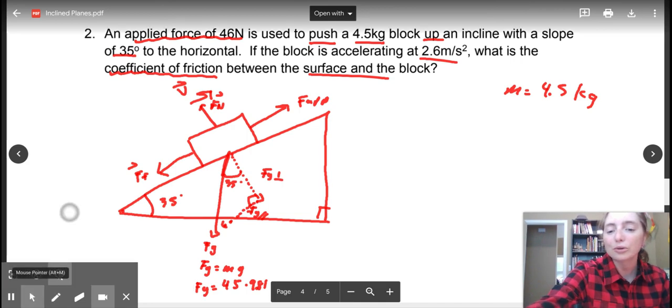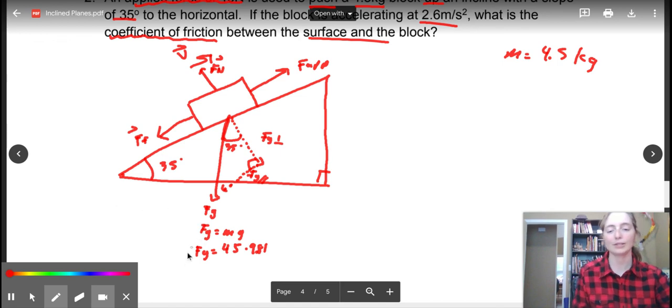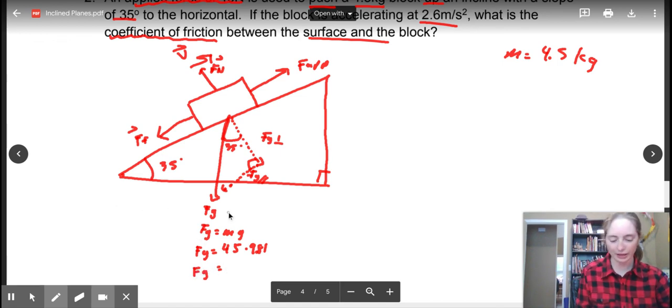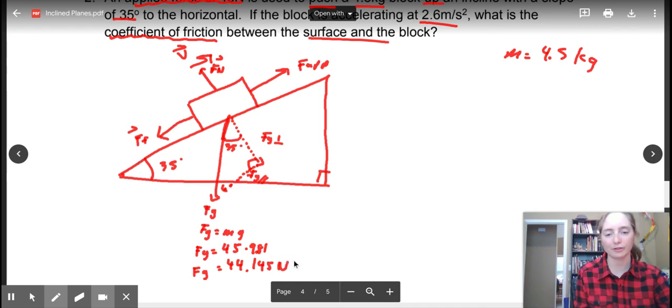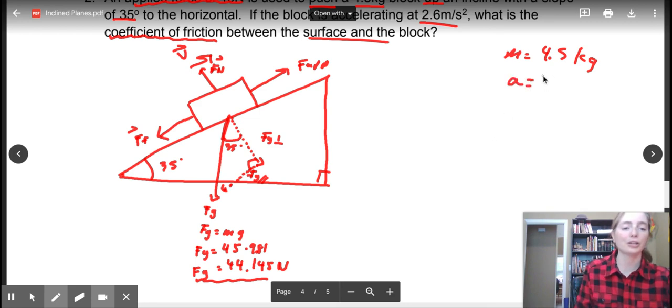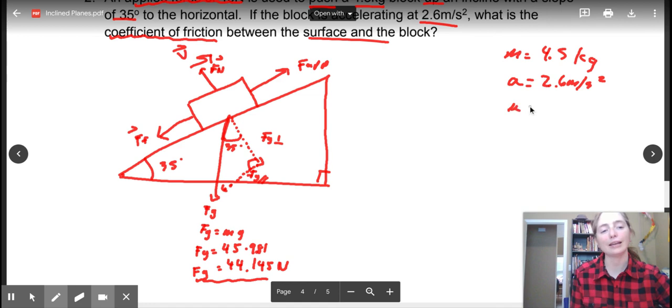So our Fg is going to equal 44.145 newtons. So we have our regular old Fg. We have our acceleration of 2.6 meters per second squared going up that hill. We have been asked to calculate mu.